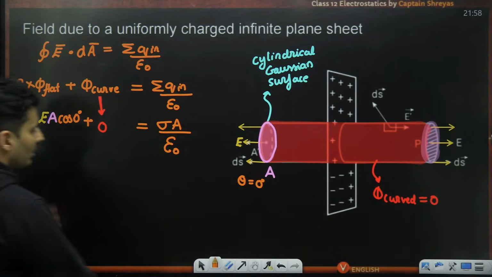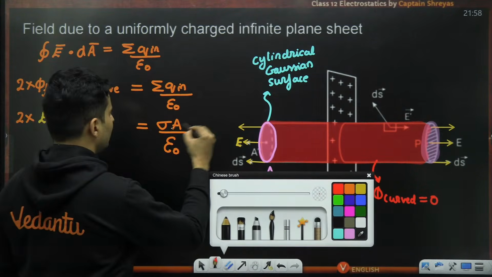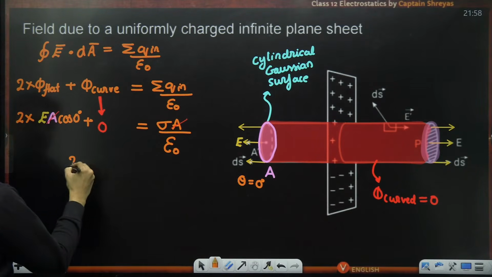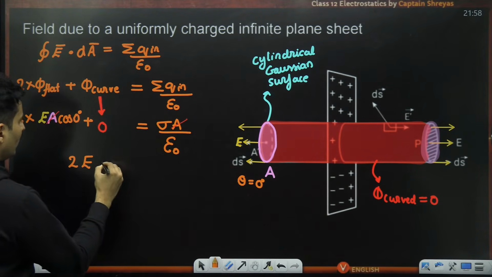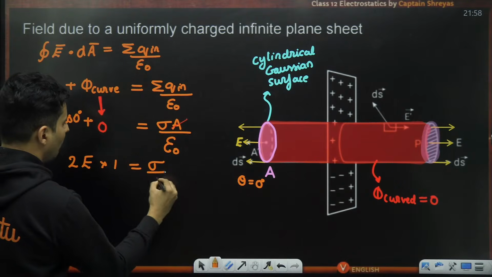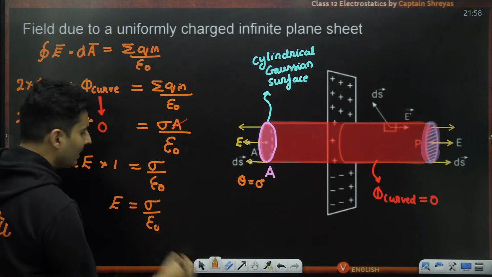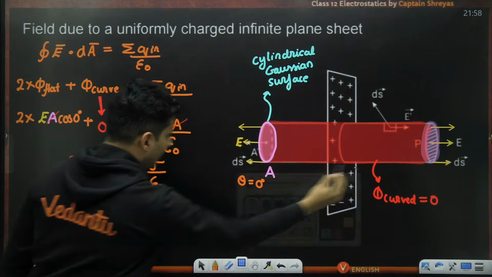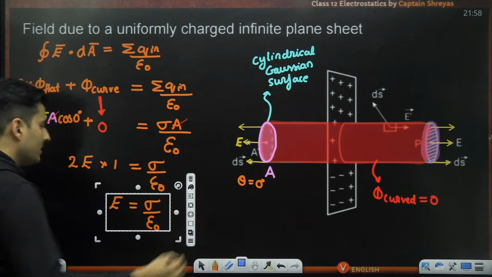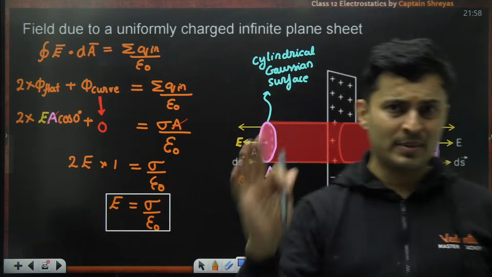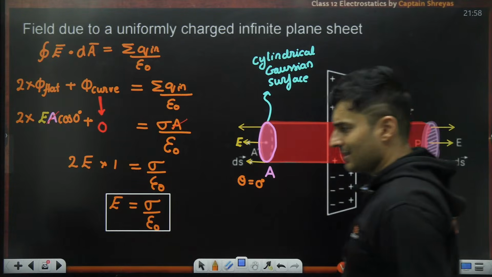As you can see, this area and this area just got cancelled. So I'm left with 2 times E, cos 0 is 1, equals sigma by epsilon naught. So the electric field is just sigma by epsilon naught. That is the answer. Nothing more, nothing less.